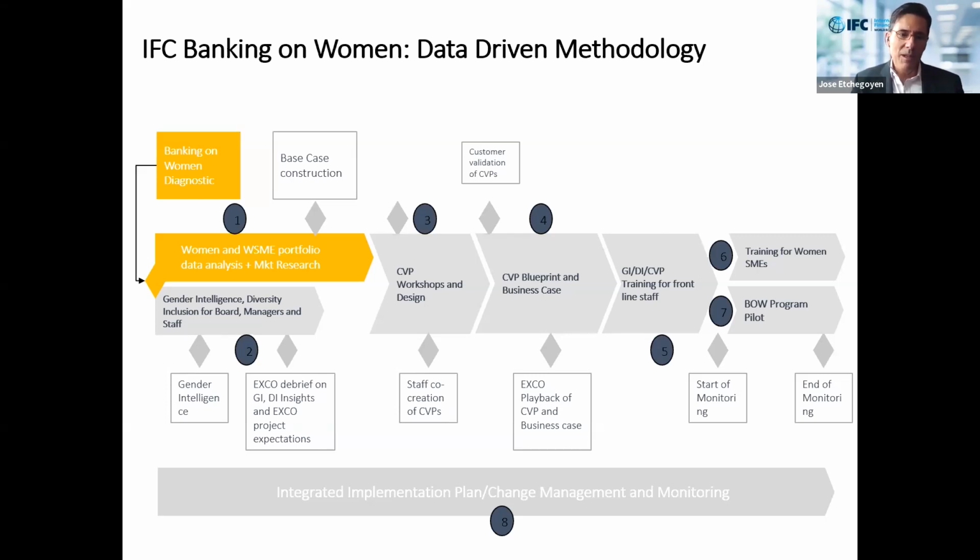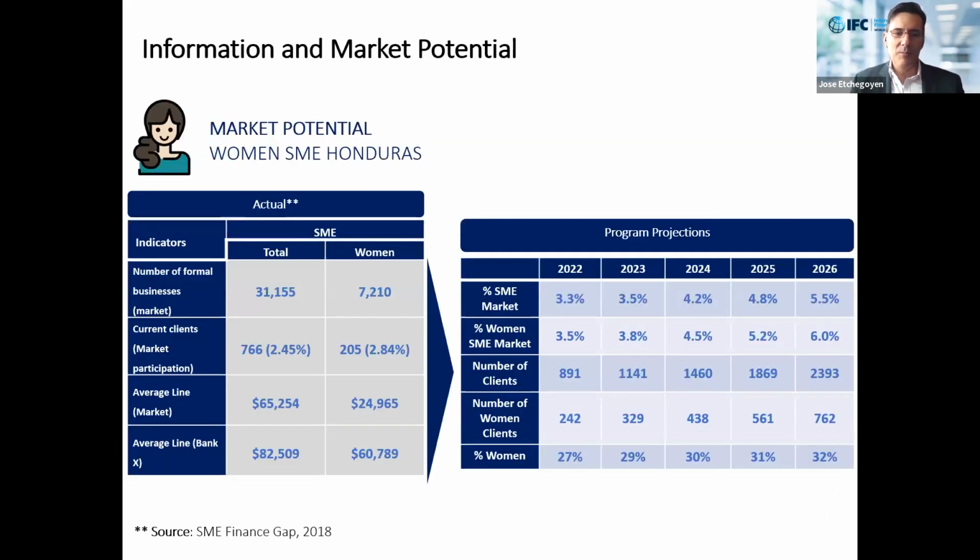And from there we build a business case on how the bank can develop a value proposition so that that segment is better served, because just realizing that you have a portfolio is not enough. Measuring the potential of that portfolio, and the possibilities of creating specific products and services for it, is what really makes a difference.